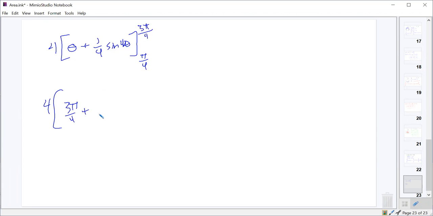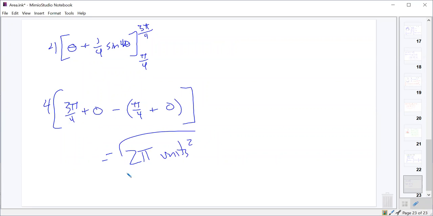What's the sine of 3 pi? That's just 0, right? Minus pi over 4 plus the sine of pi, which is just 0. So we've got 3 pi over 4 minus our pi over 4, which is 2 pi over 4, or pi over 2, times the 4, which gives us 2 pi units squared. Everybody good with that or no? Make sense? Doesn't make sense?